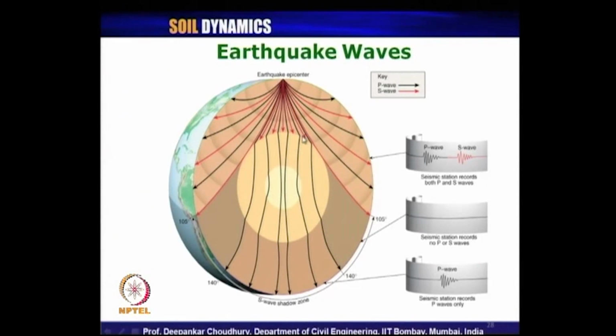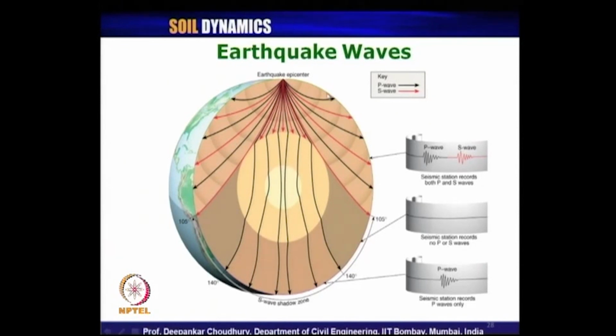P waves can be transmitted into the liquid medium, whereas shear waves cannot. So S waves stop here itself, whereas P waves are refracted, then refracted again at the next boundary and come out here. The zone from about 103 or 105 degrees to 143 or 140 degrees is the shadow zone for the P wave, and this entire zone is the shadow zone for the S wave.